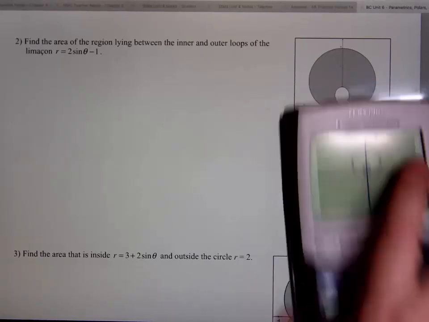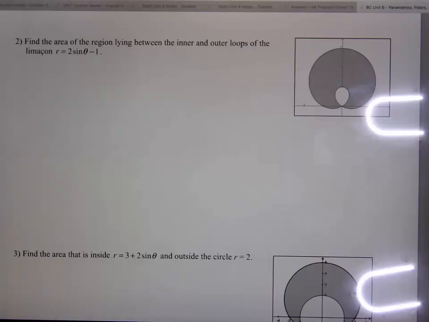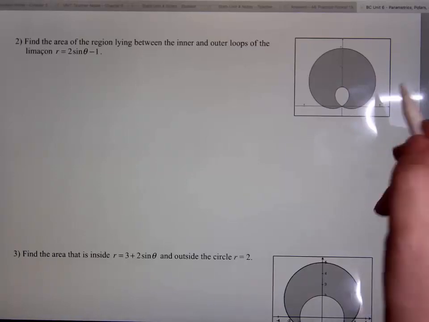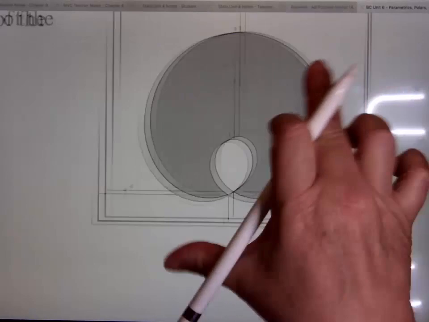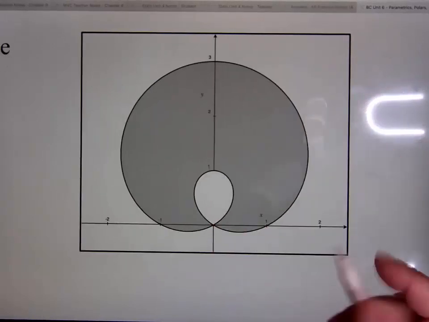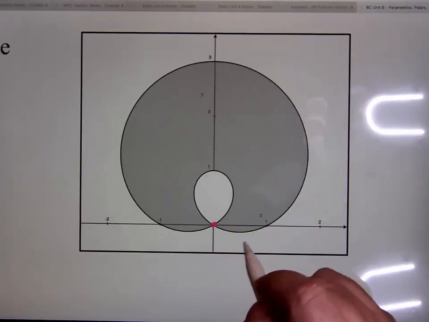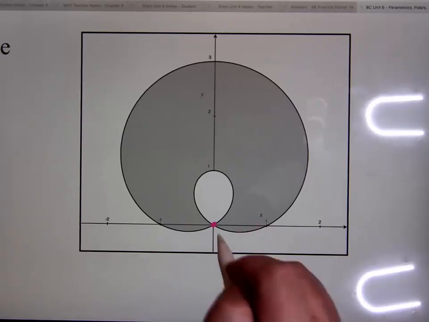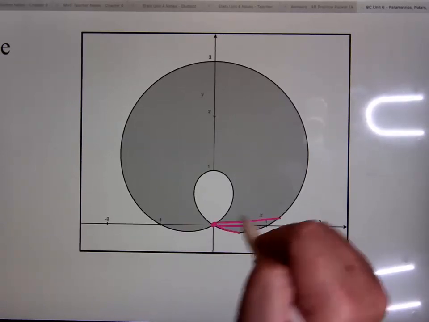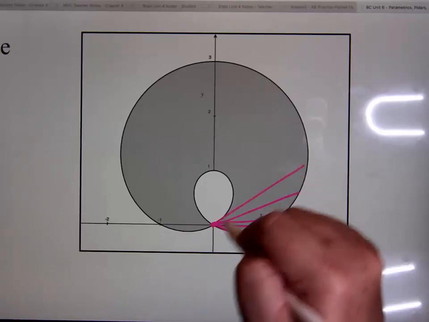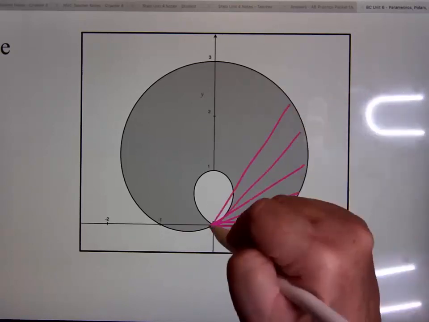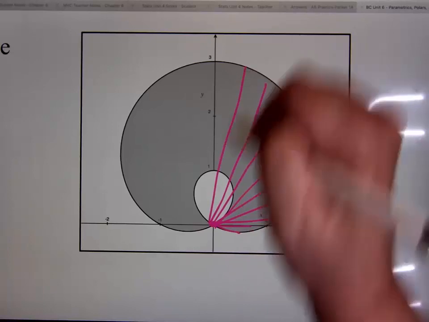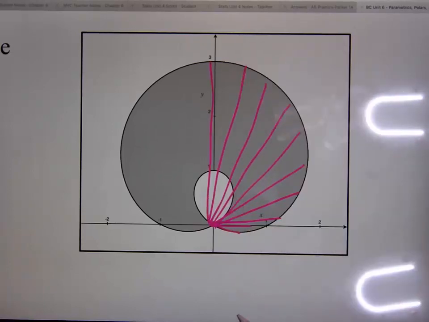So let's think about watering this thing with a sprinkler. I'm going to think of it a little bit differently, so let's blow it up kind of big. I'm going to start at 0, and I'm going to water starting to the left. As I water this thing, I'm not going to cover it completely. As I start going around, do you notice that I am watering both the shaded and the unshaded part?